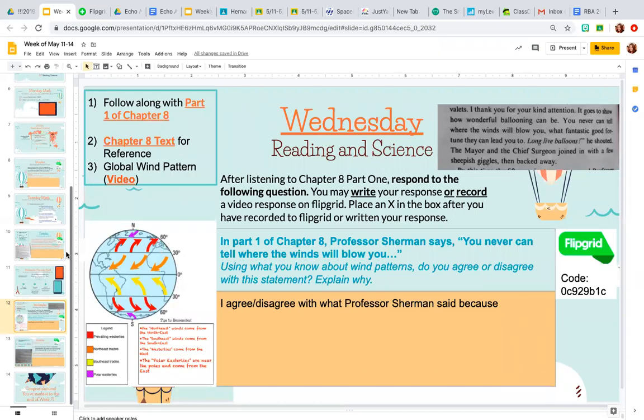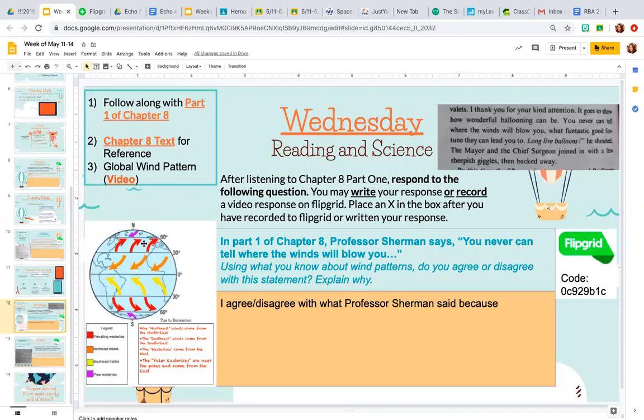Since the winds in the temperate zone move from west to east, the prevailing westerlies help to move all of our weather patterns across the United States from west to east. That's why they're called the prevailing westerlies. And then the same down here in the equator. And then, of course, our polar easterlies, they blow from the east to the west.